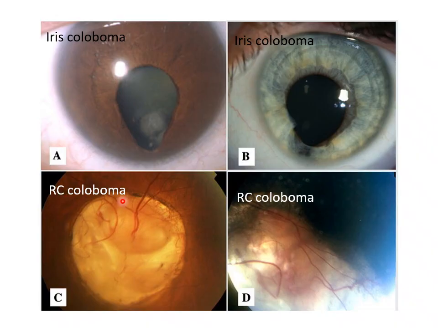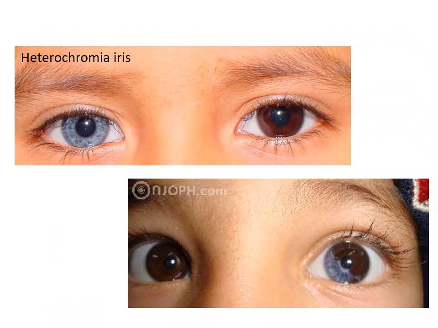So this is the retinochoroidal coloboma. This is also a huge RC coloboma. You can just see the retinal blood vessels overlying the sclera. Most of the retinal and the choroidal tissue is deficient. This is heterochromia iridis, or difference in the color between the two irides. And heterochromia can be sectoral like this also, rarely.